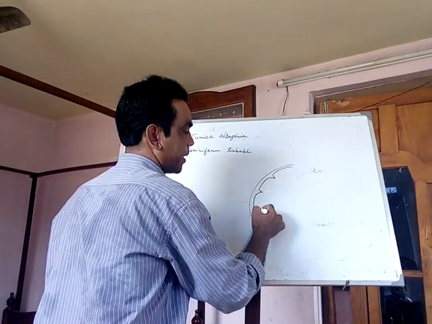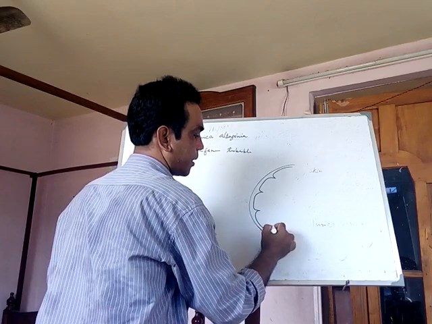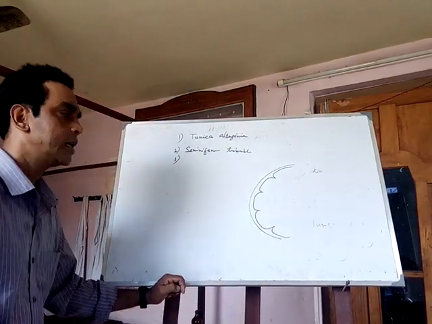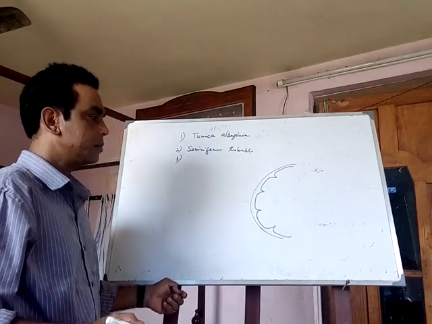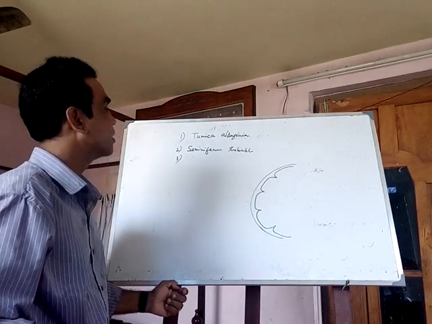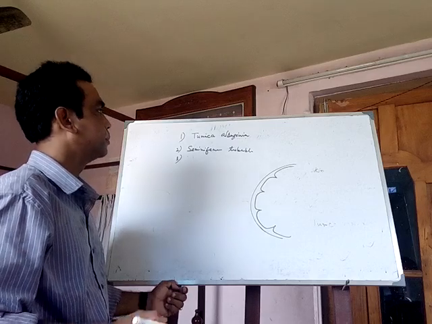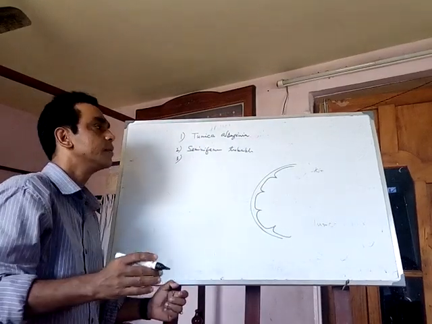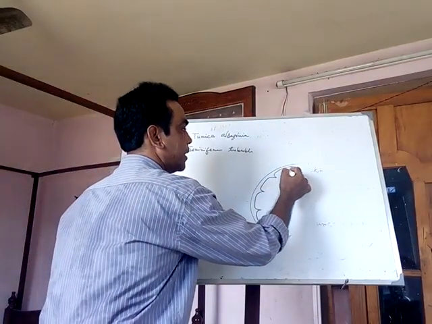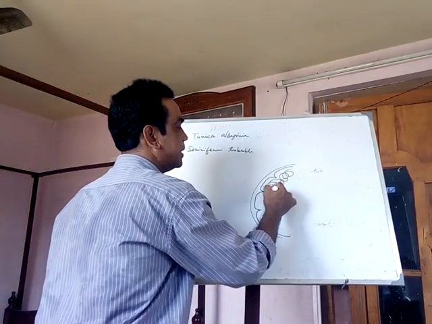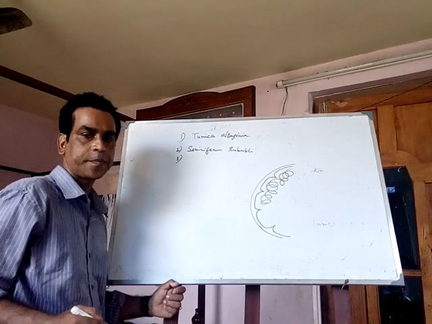The epithelial tissues make this type of layer of the testis, and here the tubules that are found are called seminiferous tubules.